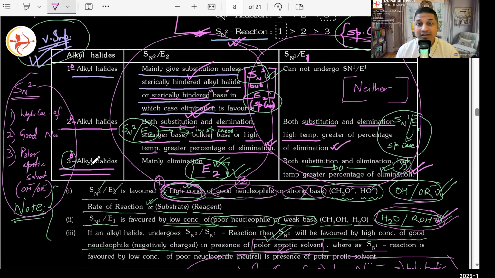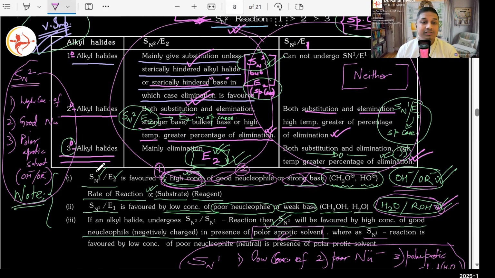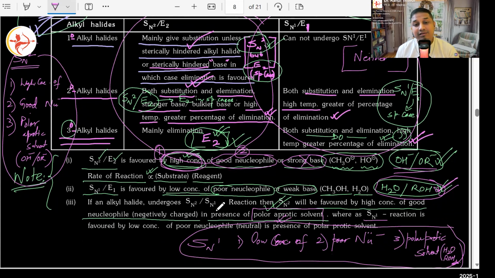Yes or no? Whether it is between SN2 and E2, or SN1 and E1, that part is discussed, or between SN2 and SN1, that is also discussed. If you are not able to understand the table, at least understand point number 1, point number 2, point number 3. Point number 1 compares SN2 and E2. Point number 2 compares SN1 and E1.